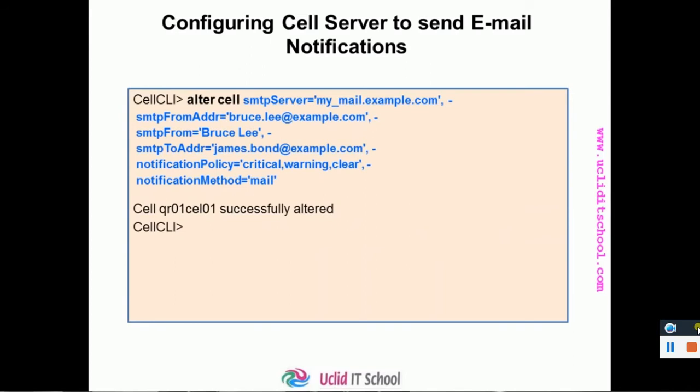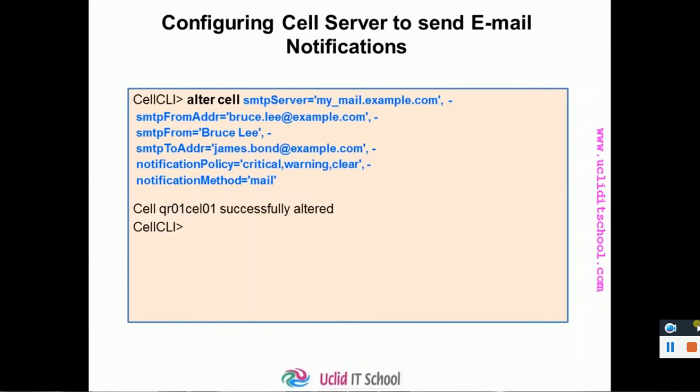Next, you can configure the storage server to send email alerts, which is what we discussed earlier. This configuration can be done during the initial installation phase or at a later stage. This slide shows you how to change the storage server settings to send email notifications.